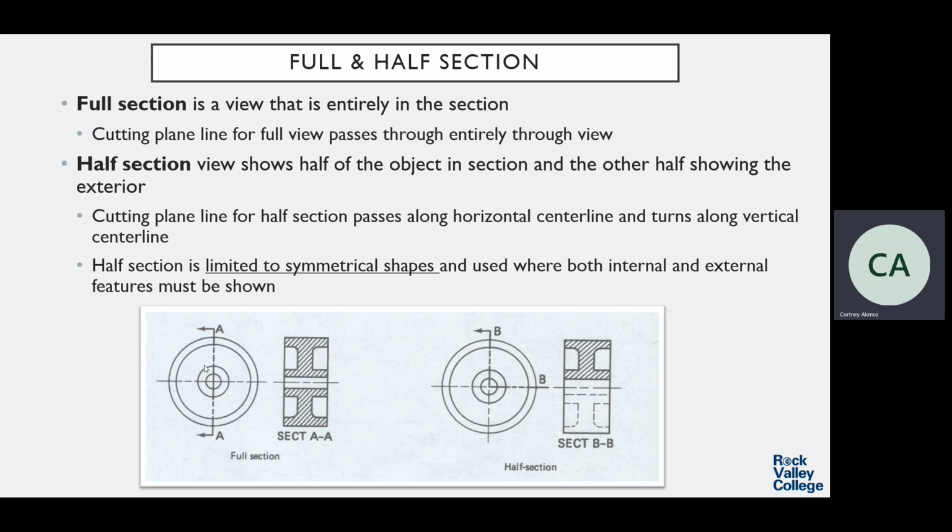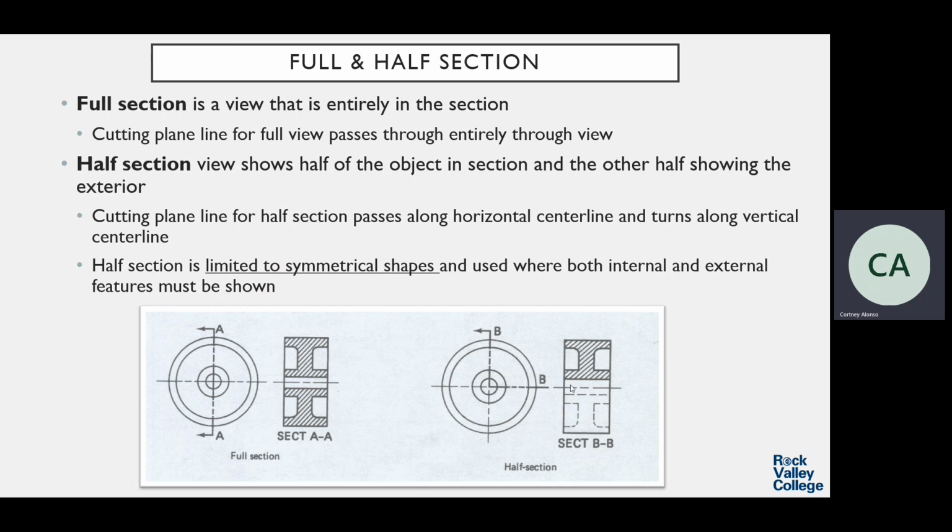Everywhere my knife touched, I have these section lines. However, my half section, in this view of a rotary or symmetrical part, is the B section, and it goes only halfway through, rather than all the way through like A.